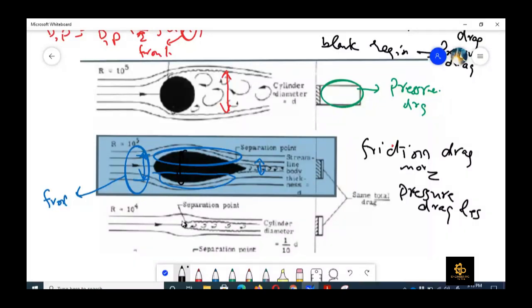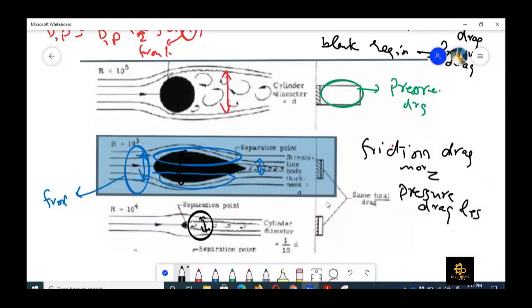So it means that this small cylinder would experience the same force as this bigger body, even though this cylinder is very small. But because this is a semi-blunt body, the pressure drag would be higher, because you can see that this wake region is quite big. It is comparable with this, so that's why the magnitude of drag force, which is shown on the right hand side, is written as the same total drag.